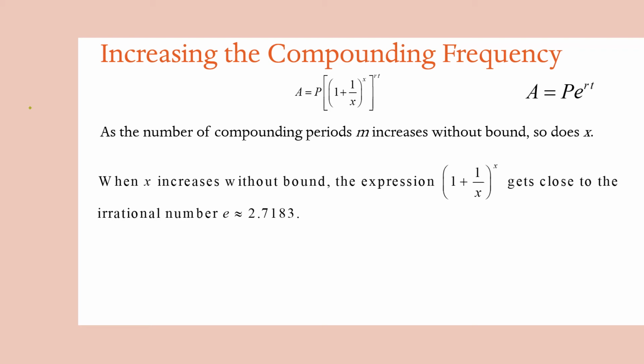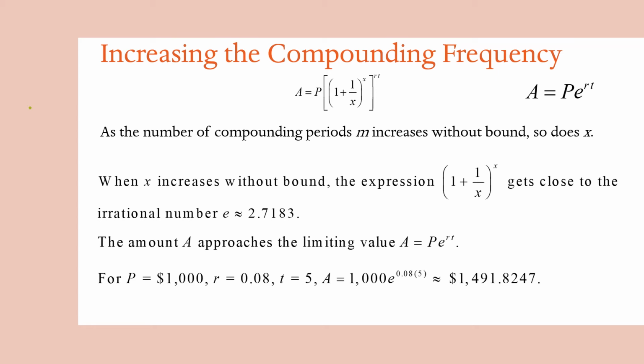So the value inside the parenthesis will tend to e as x tends to infinity. When you repeat this process an infinite number of times, it goes to this irrational number e. So the value inside the parenthesis can be taken as e, and the formula becomes A = Pe^(rt), Pert.